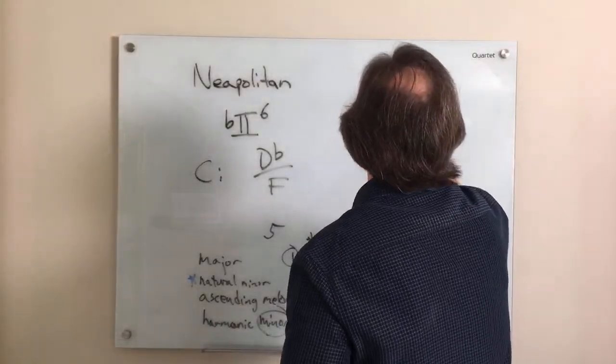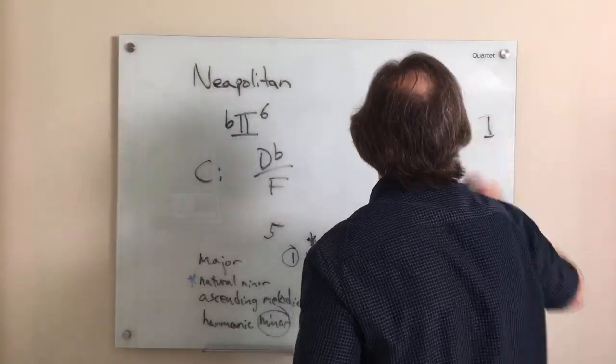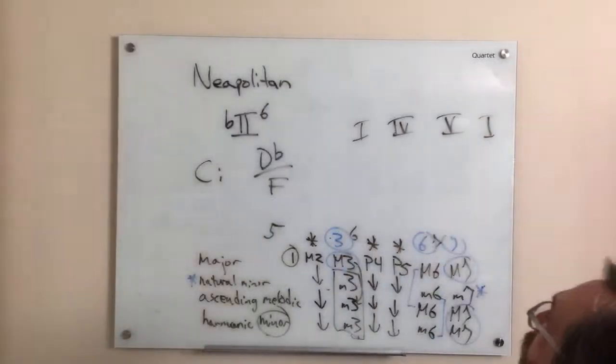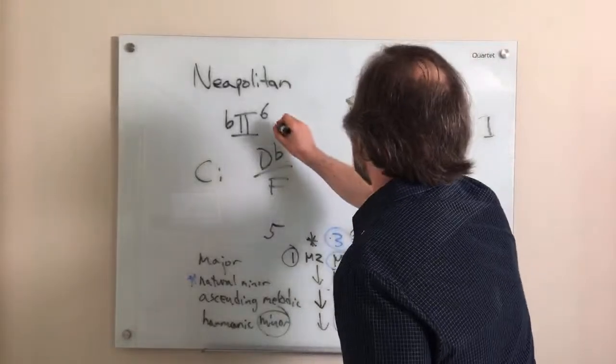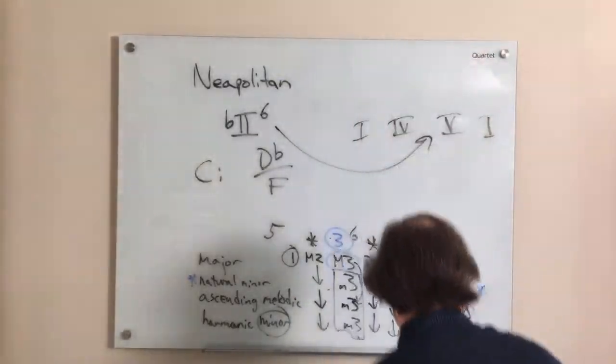1, 4, 5, 1. Neapolitan chords typically come in between 4 and 5.